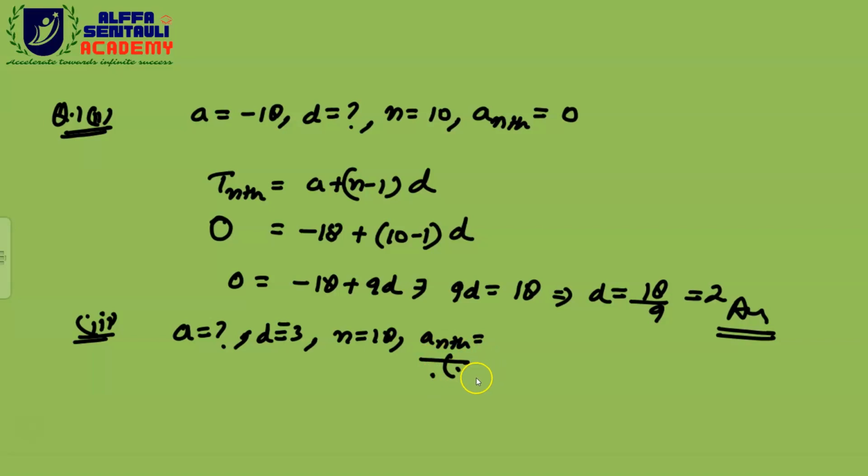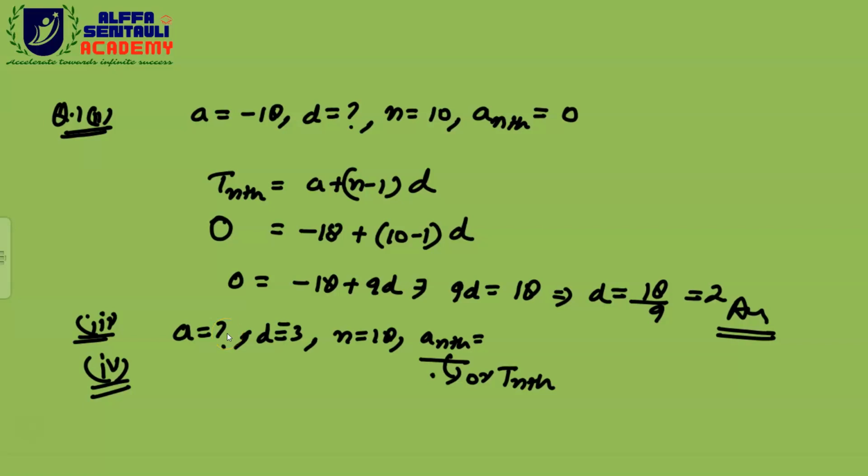I prefer writing T nth because you will not get confused, because a is also here. So solve this fourth one also. How much are you getting, beta?